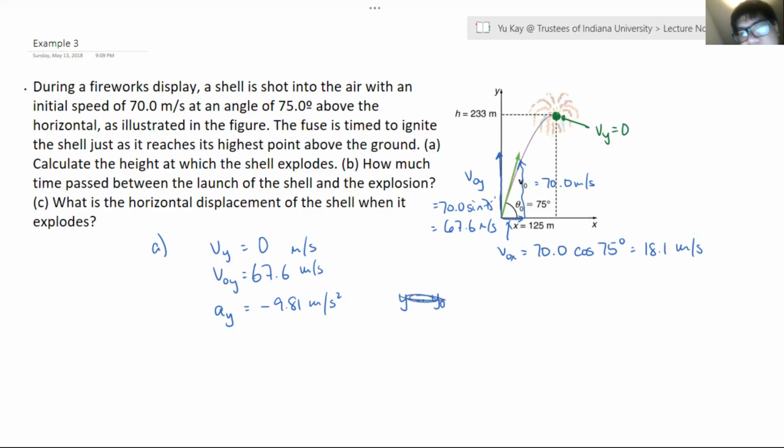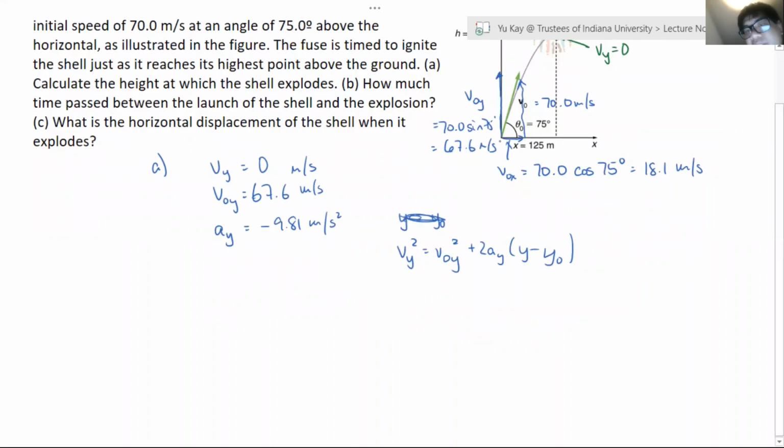Actually, it's not the one that starts with y equals y0. It's actually Vy squared is V0y squared plus 2ay times (y minus y0). Now we do know that y0 is 0 because we're going to define that as my initial point.